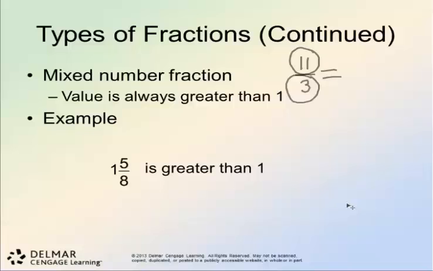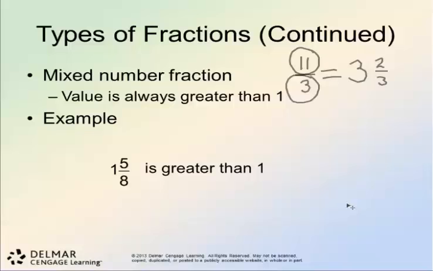And it goes in there 3 times, but not 4, because 3 times 4 is 12, but 3 times 3 is 9. So 3 goes into 11 3 times, and 3 times 3 is 9, so we have a remainder of 11 minus 9, which is 2, that we divided by the divisor, the denominator, which is 3. So 11/3 is an improper fraction, and it's equivalent to the mixed number 3 2/3.